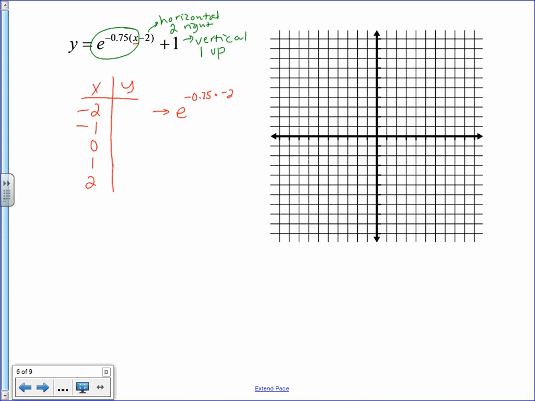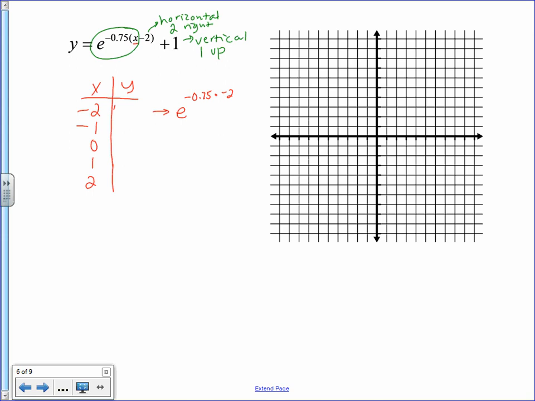You'll find a little button that usually says e to the x. And when you type that in, it pulls up e, and it asks you what exponent do you want to type in. So we'll type in -0.75 times -2. And when you hit enter on that, it's going to give you a pretty nasty decimal number because we know e is a decimal. So we're just going to be approximating this on our graph.